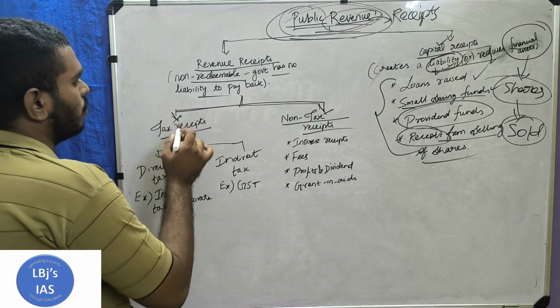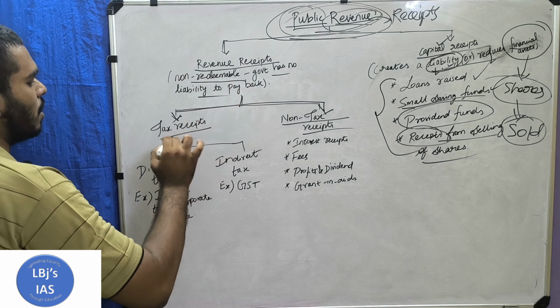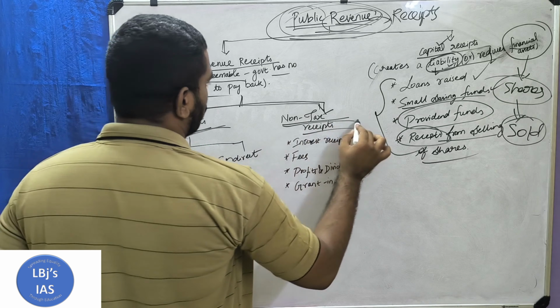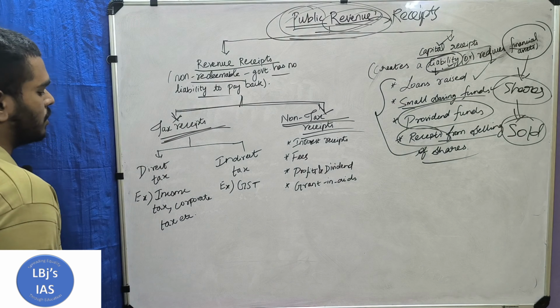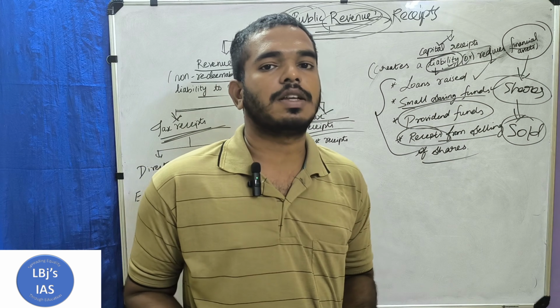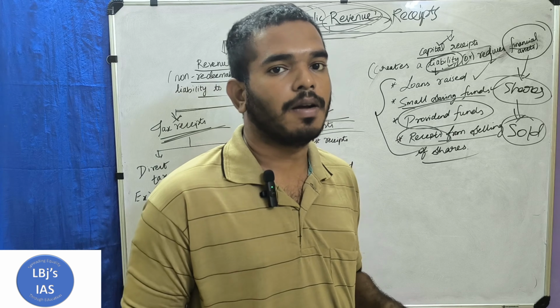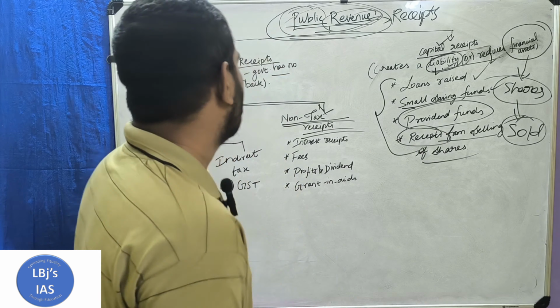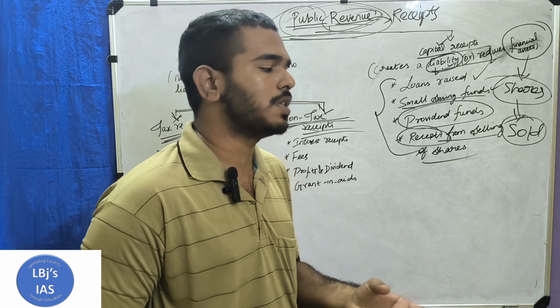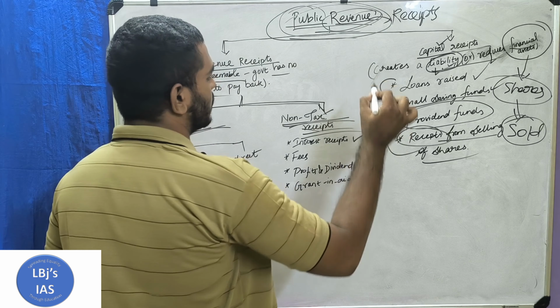Now come to the revenue receipts. As I already said, revenue receipts consist of two types: one is tax receipts and the other is non-tax receipts. Tax receipts are receipts received by means of imposing a tax. Non-tax receipts come from various sources, such as interest receipts.